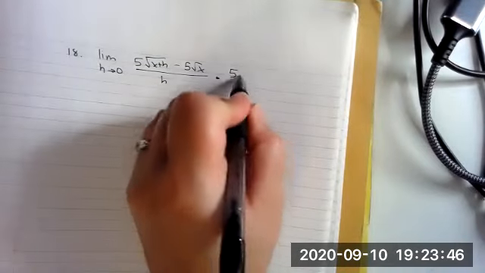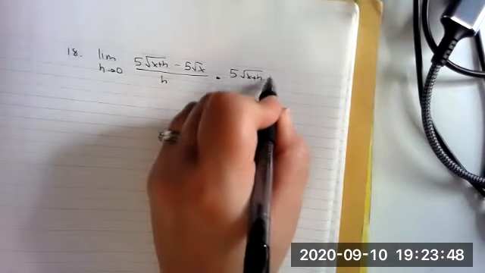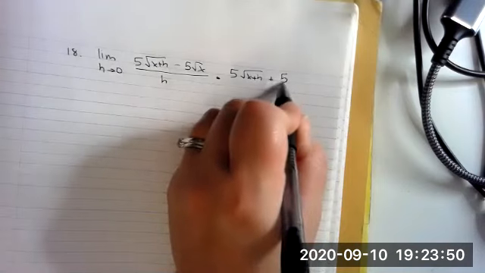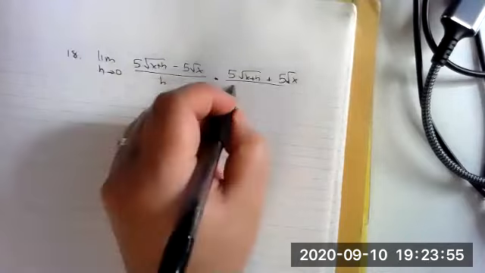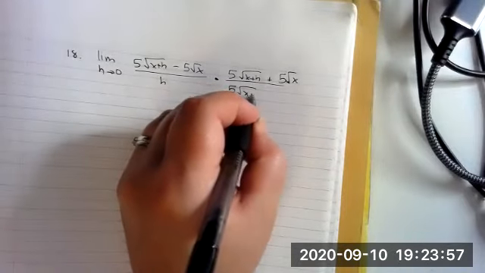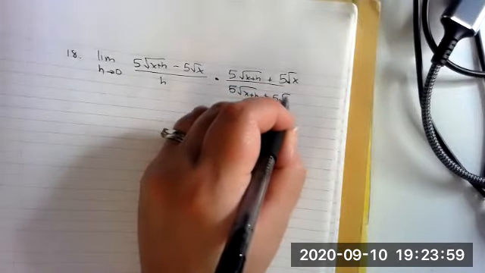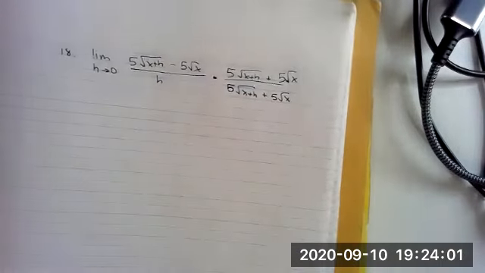So we'll try 5 square root of x plus h plus 5 root x, divided by 5 square root of x plus h plus 5 times root x. Okay, so again, we're just doing that conjugate.